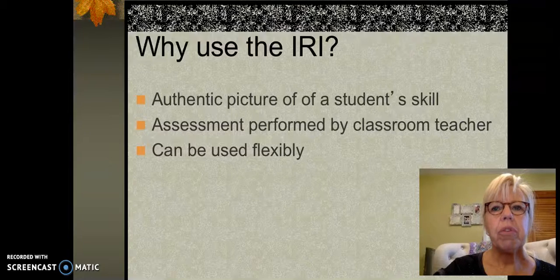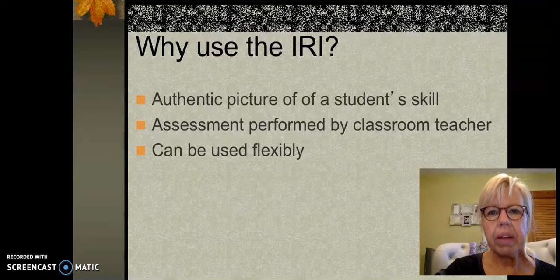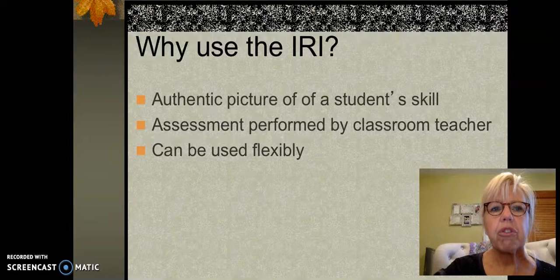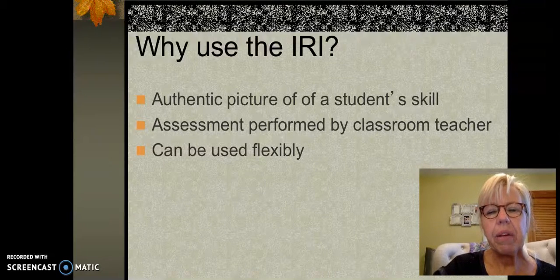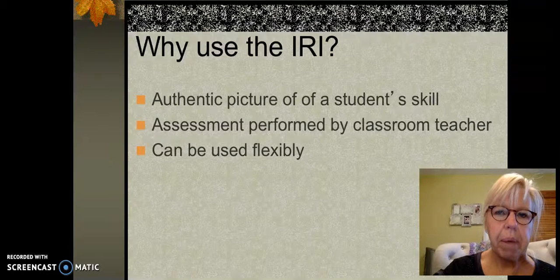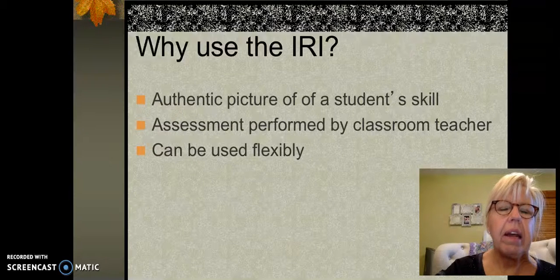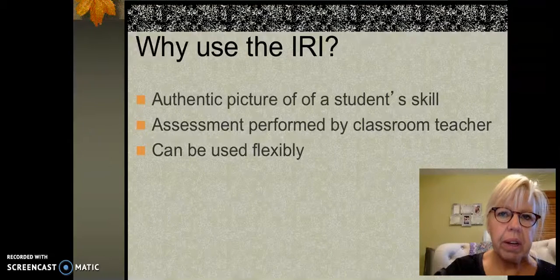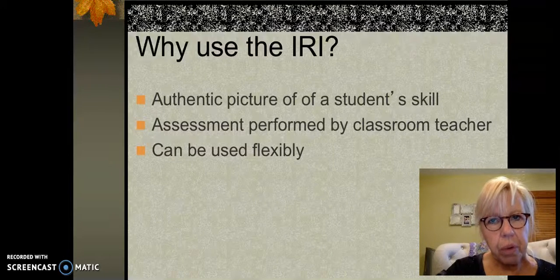If you start and you realize that the word list said they should be okay with this, but it really is too difficult, or it is not at their independent level, go ahead and finish with that level and you can move them back. Remember, the student copy of the passages does not have the grade levels on it. Only yours does. So you can work backwards to establish your independent level and then move forward again.